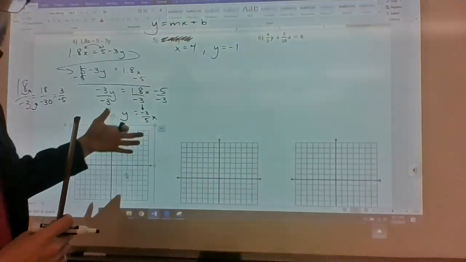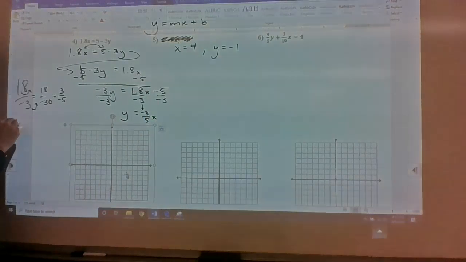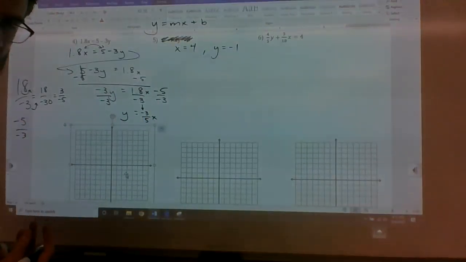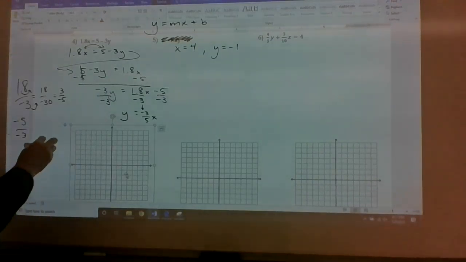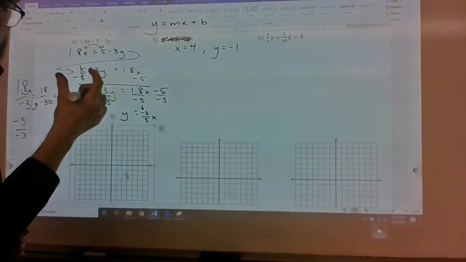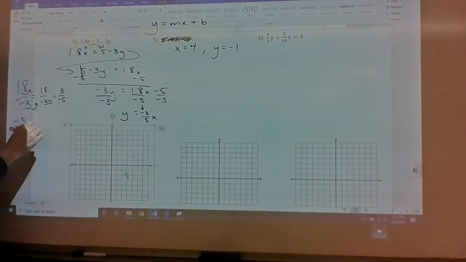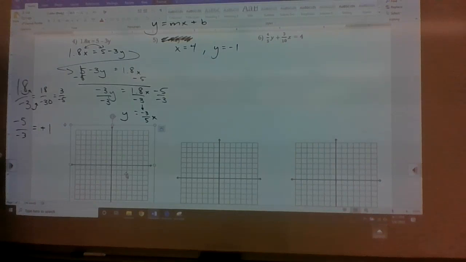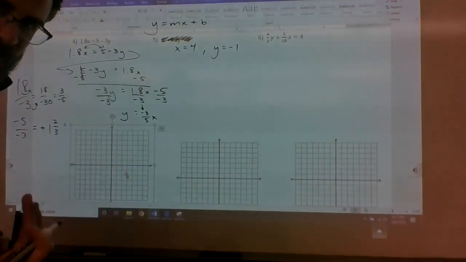Now negative 5 over negative 3, remember, we want to represent this as a mixed number or maybe even a decimal because it represents the b value, the starting point on the y-axis. So I'm just going to say a negative over a negative is a positive. 3 goes into 5 one whole time with 2 leftovers. So it's 1 2/3. That's going to be our starting point.